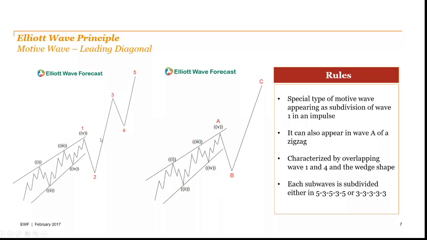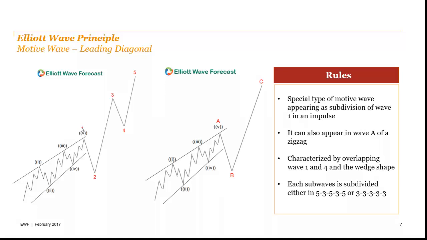So a diagonal can happen within wave 1. Remember, everything needs to subdivide into smaller waves, right? So a diagonal can only happen where you can have an overlapping 1 and 4. A lot of people sometimes get confused. Why do waves 1 and 4 overlap? You're violating the rule. No, you need to understand what this wave 1, 2, 3, 4, 5 is, and where it fits in the overall structure.